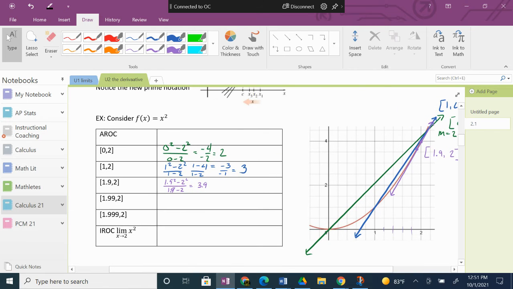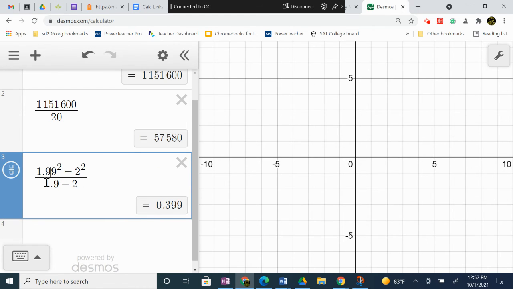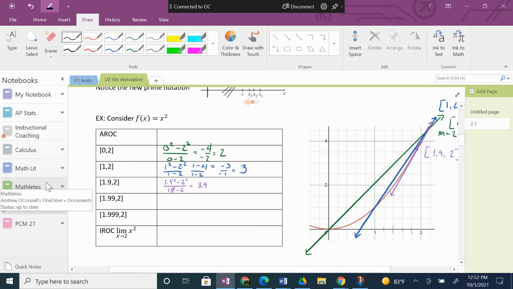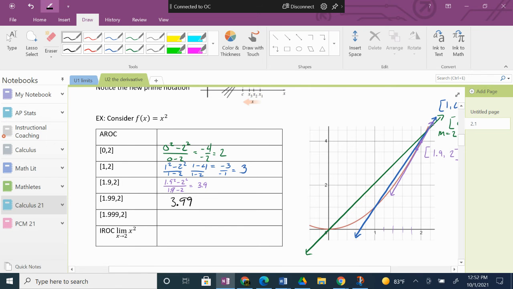All right, and then these next two, I'll just go back to Desmos on that. 1.99 is going to give me slope 3.99. And what do you think this next one's going to be? 3.999. So you know a little bit about limits now.